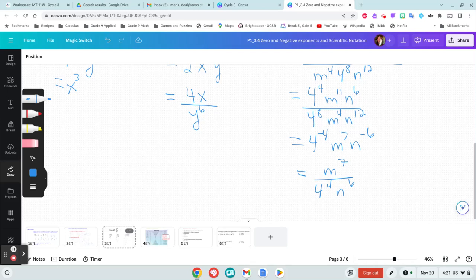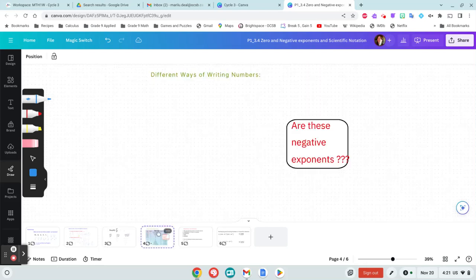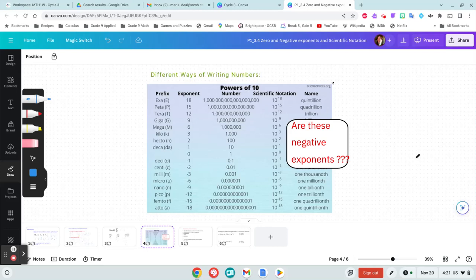So that's kind of looking at how to deal with zero exponents and negative exponents. So we've seen this table before, way back when we were looking at scientific notation. And when we had scientific notation, we had exponents that were negative, but we didn't really explain too much why they were negative, other than if they were negative, it was really small.